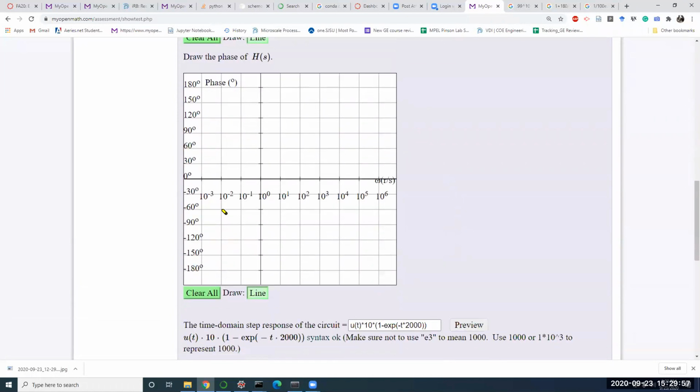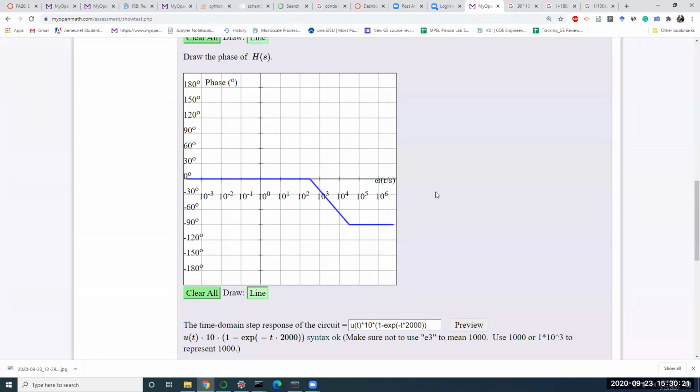And then the phase is 0 up till a 10th. The cutoff frequency is around here, so a 10th of that is here. It goes down to 90 at 100 times. And I have a snap to feature.